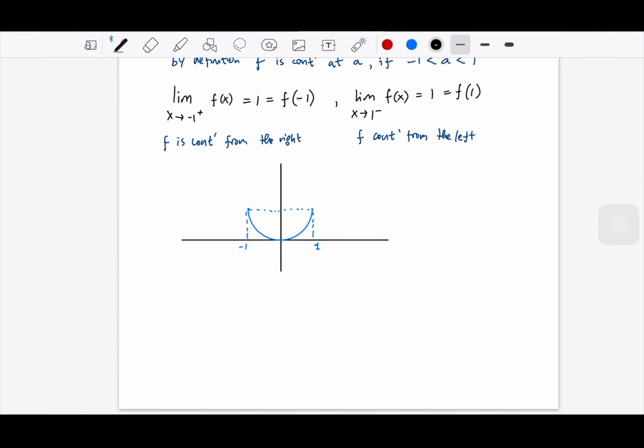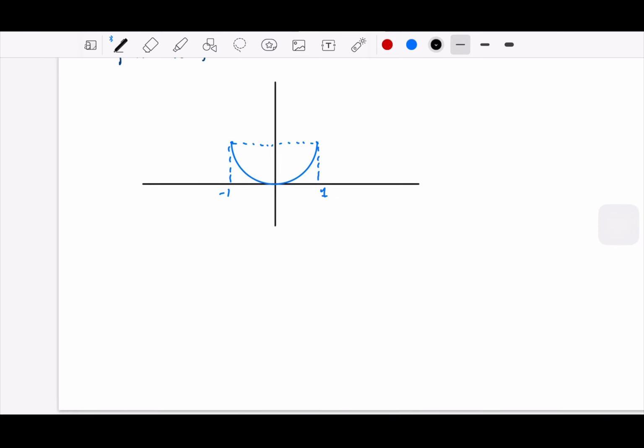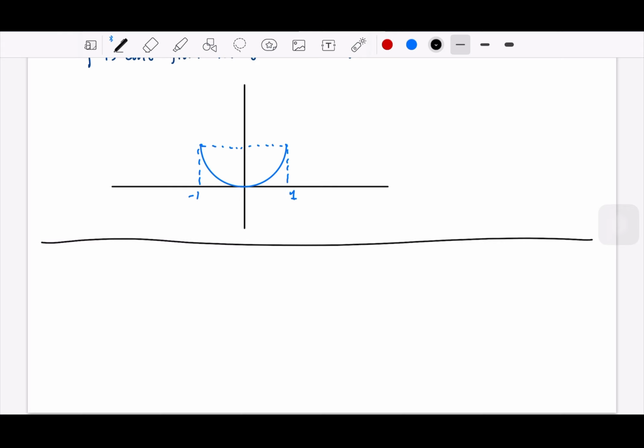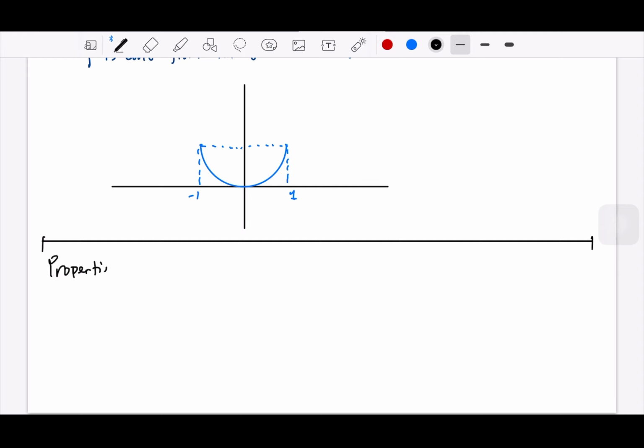Okay, there are some properties that need to be looked up. Properties of continuous functions.